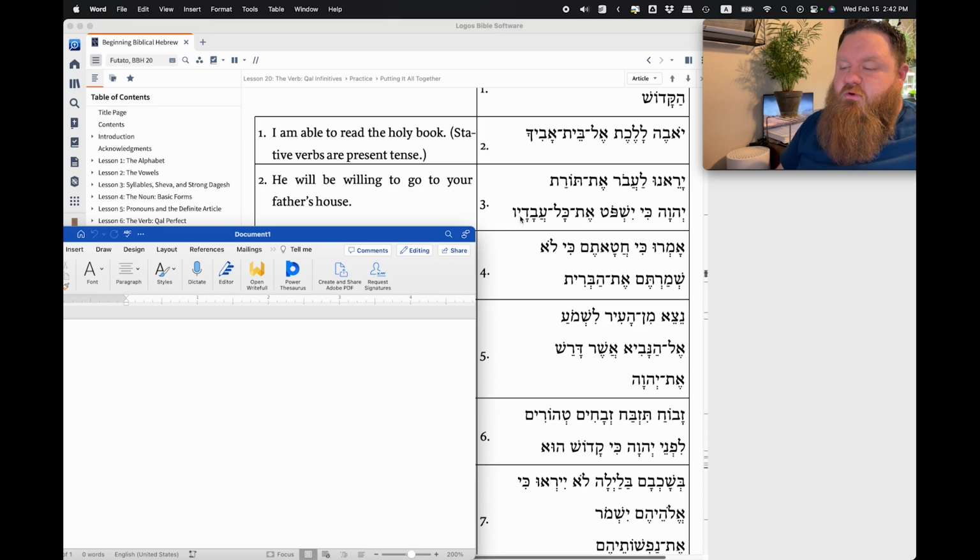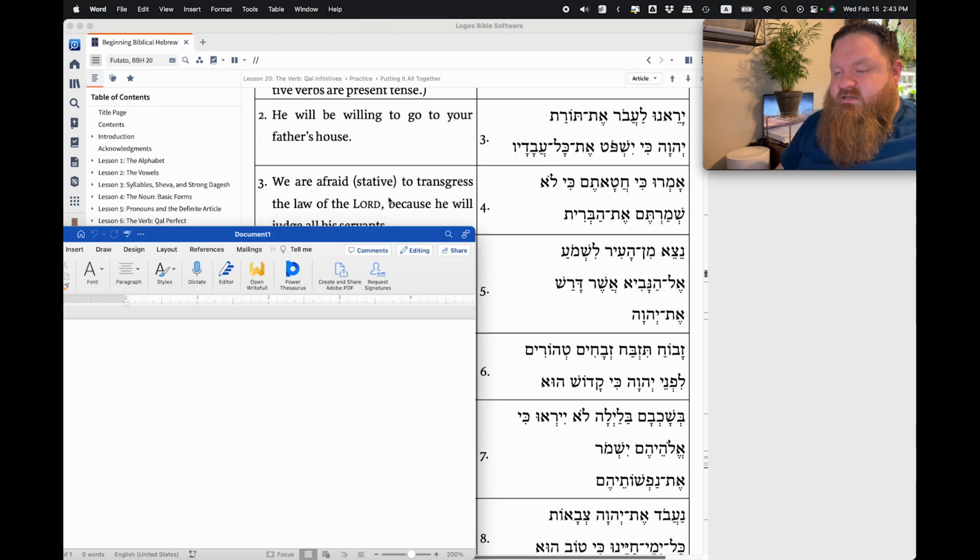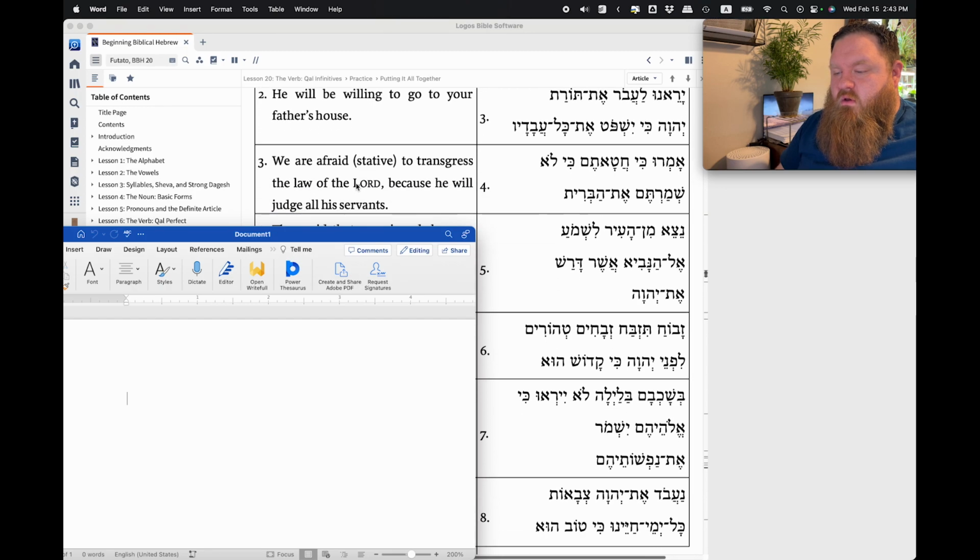And we know servants is plural because we've got the yod on the pronoun suffix here, so each of his servants. We were afraid to transgress the instruction of the Lord because he will judge each of his servants, or all of his servants. All right, we are afraid, stative, to transgress the law of the Lord because he will judge all his servants.